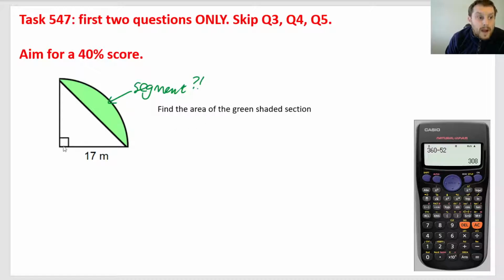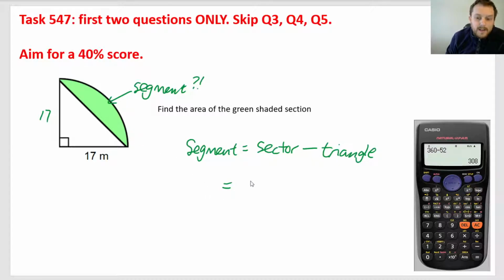However, we can do it in this situation when it's a right angle, because what we're going to do is just say the segment is the full sector, the full thing, like it's the green bit plus the triangle. That's the sector. But if I take away this triangle, are we left with the segment?